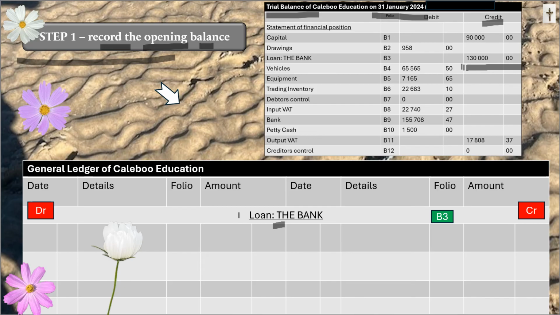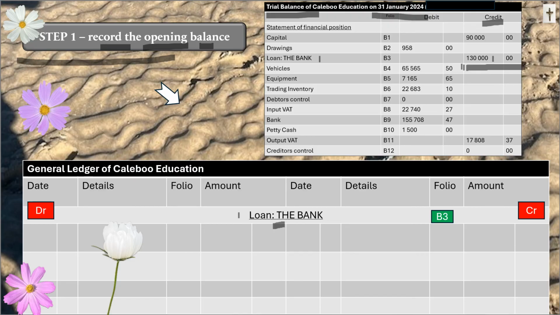Remember, loan is a liability. When we took it out, there was an increase in liability. Increase in liability, the rule says you must credit. So as a result of the transaction, taking out the loan account ended up with a balance of 130,000.